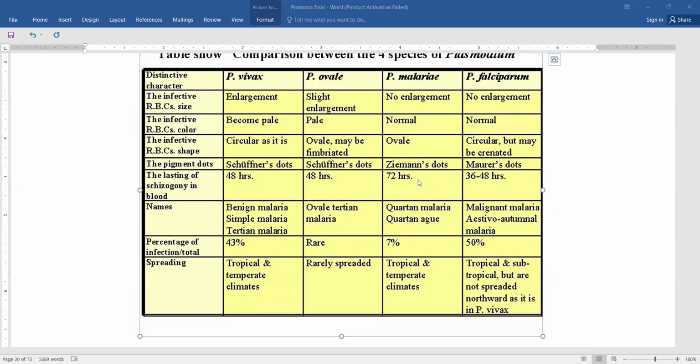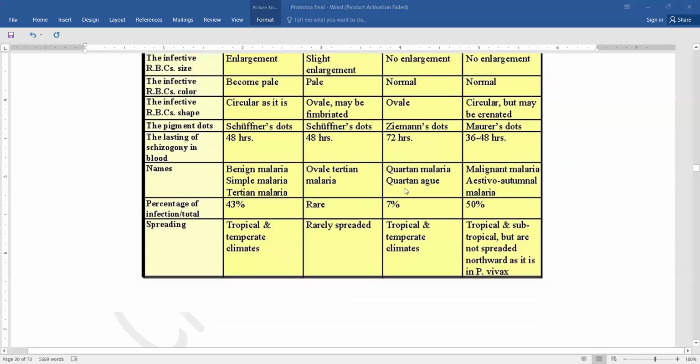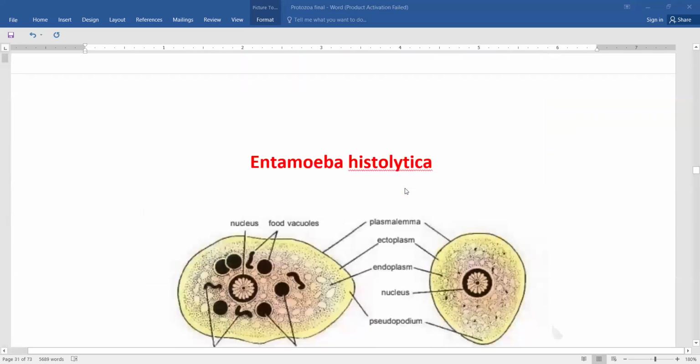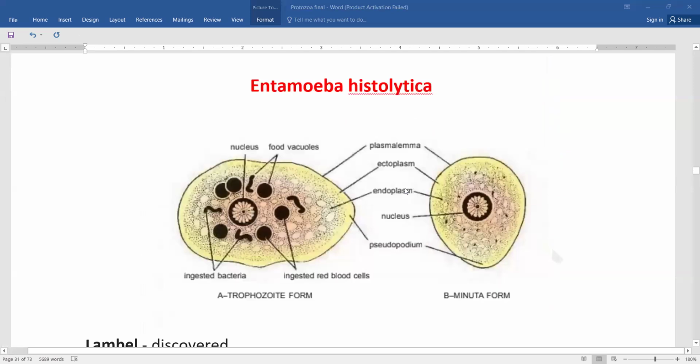Anyway, this is about the type study, in which we have studied the complete biology of Plasmodium. Whereas in our M.Sc.